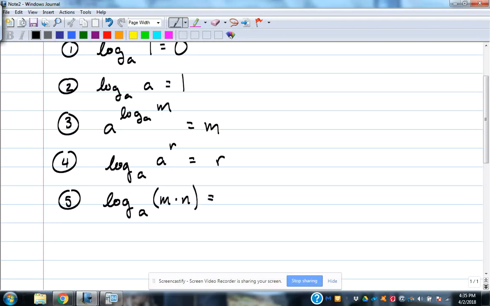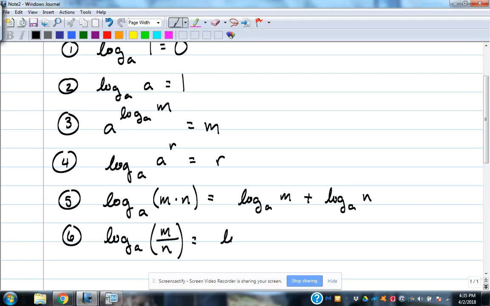If we're multiplying inside of a log, that turns into addition. And if multiplication turns into addition, division turns into subtraction. Top minus bottom.